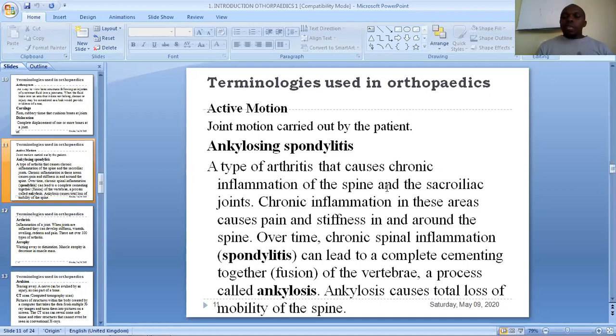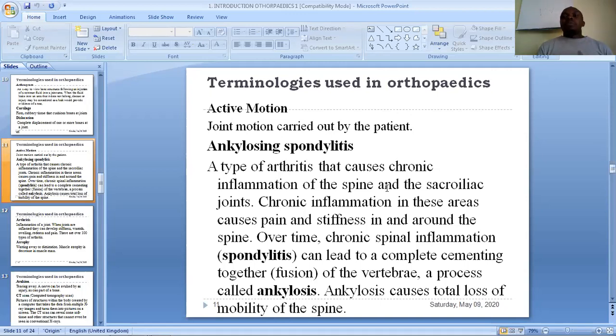Over time, chronic spinal inflammation, of course, spine inflammation we refer to as spondylitis, can lead to complete cementing or fusion of the vertebrae, which is a process known as ankylosing or ankylosis.